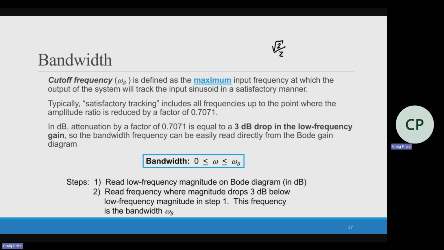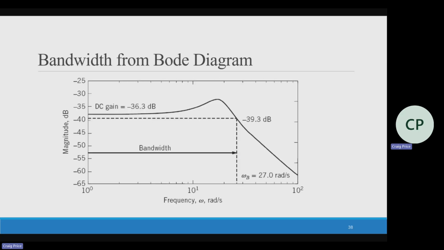But basically, we're going to find what's our K value in decibels. That's our starting point. We drop 3 decibels. Where does that 3 decibels hit the Bode plot? That's like our cutoff frequency. That's where we still see a sizable output, but anything past that frequency, we're not really going to have much of an input or output. So the amplitude drops quite a bit, and the phase angle is quite large as well. So that's called the bandwidth related to the cutoff frequency.